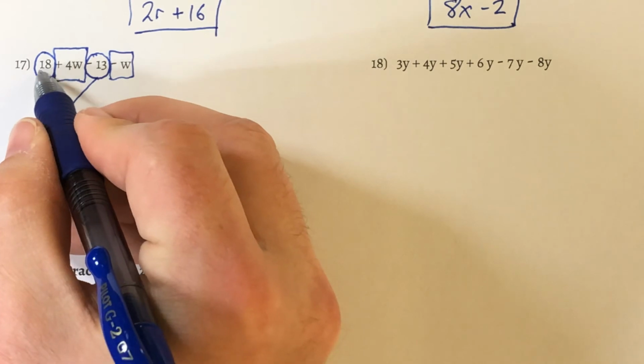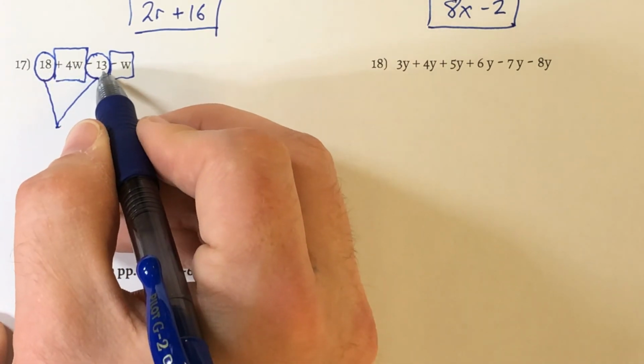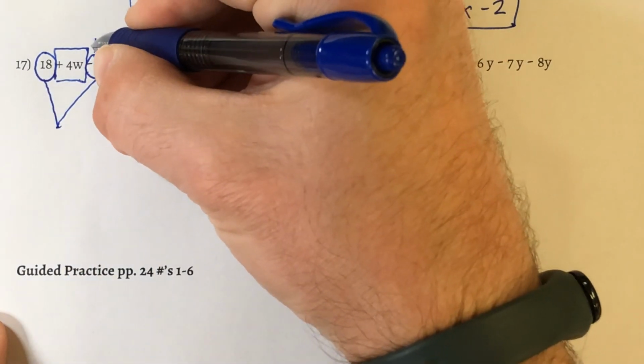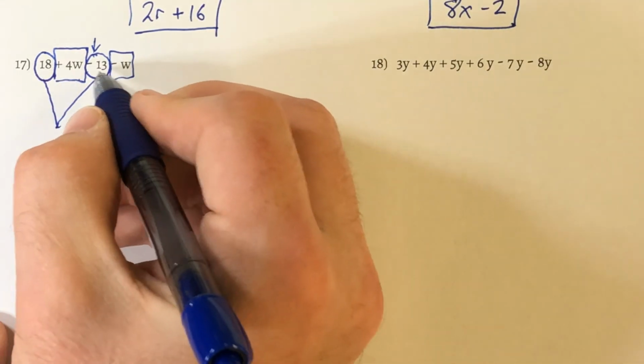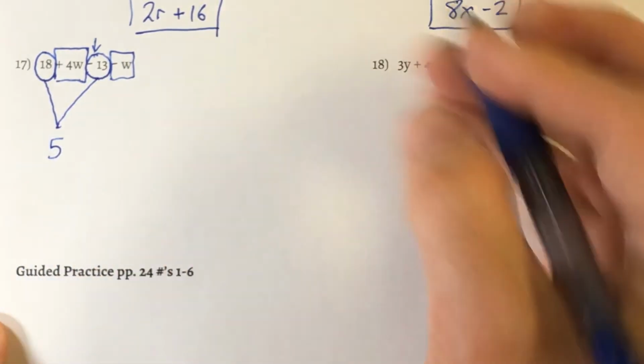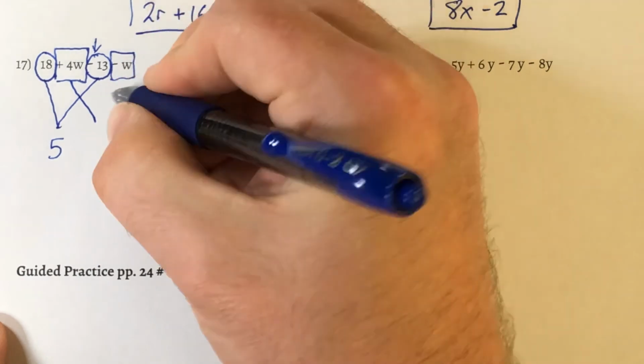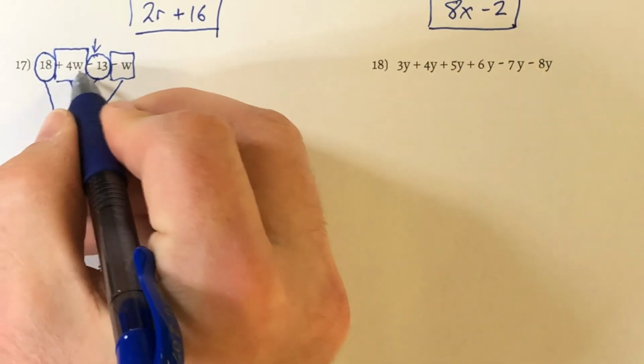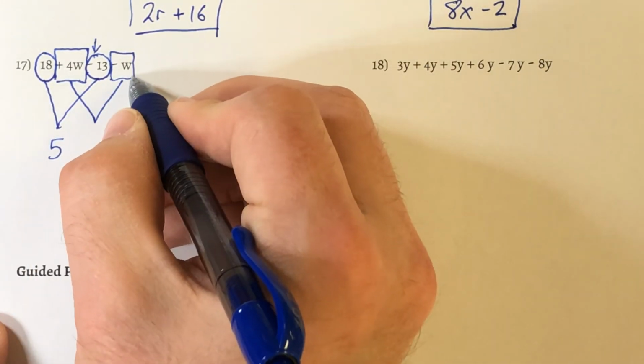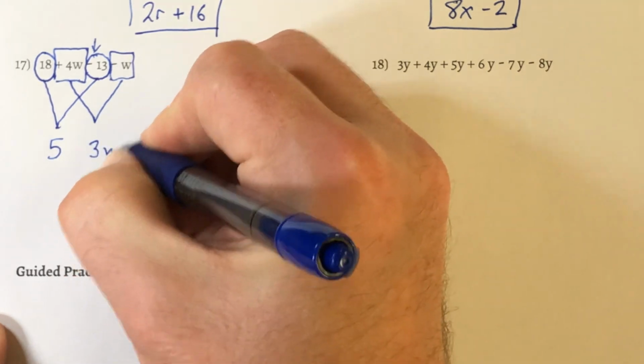Read left to right. 18 take away 13. That's why you need to include that sign right there. So 18 take away 13 is 5. Now I'm going to look at my w's. Positive 4w, take away a w, you get 3w.